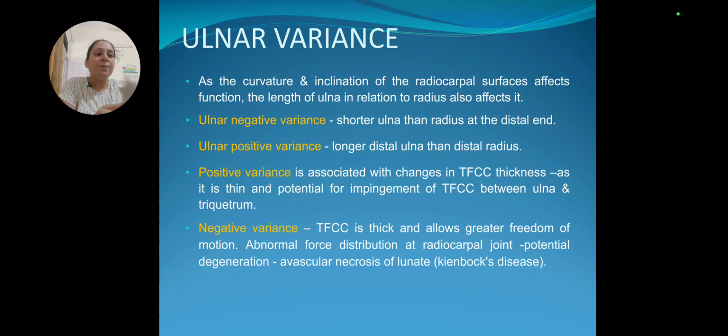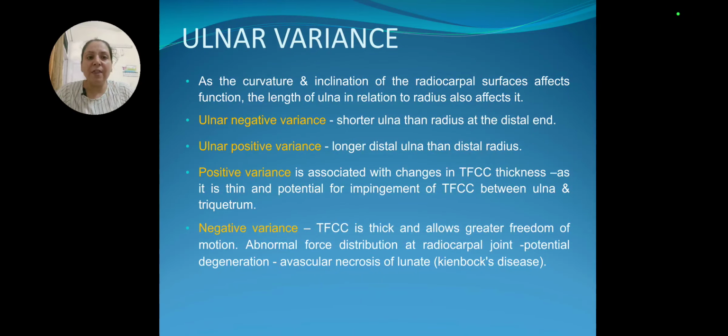Because normally, if we see the structure, since it is down, so it requires that thickness. It requires this kind of a thickness. But if it is something like this, it doesn't require that kind of a thickness. Okay, so in TFCC a very thin layer of thickness of the triangular fibrocartilaginous complex is required.